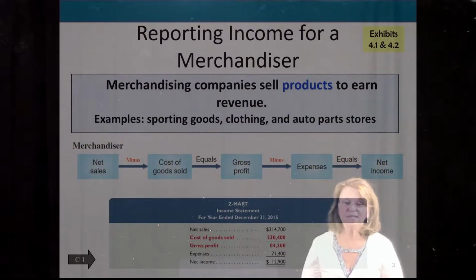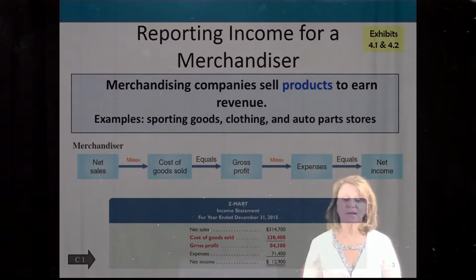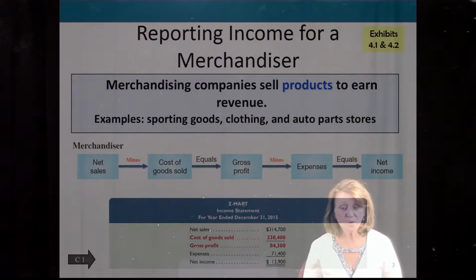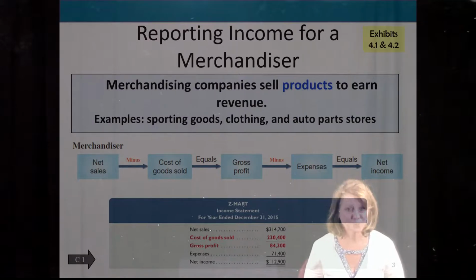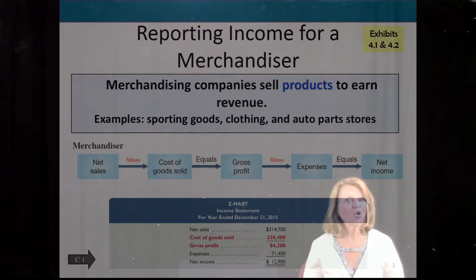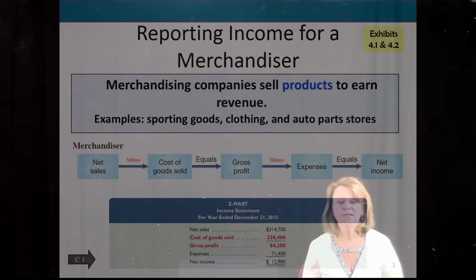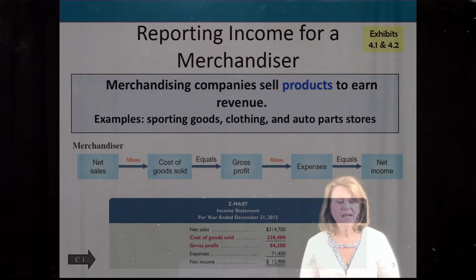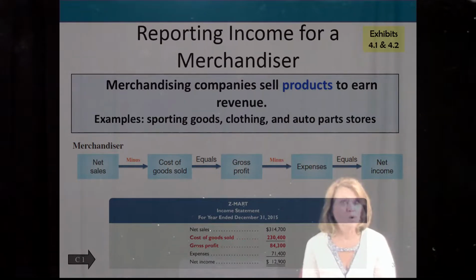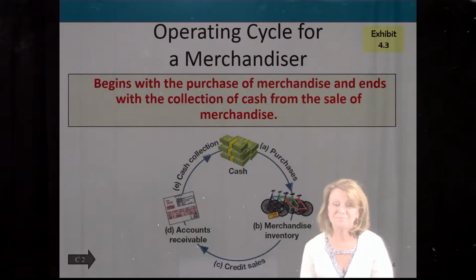Make sure you're always getting those financial statements titled correctly. You have your net sales, cost of goods sold, gross profit. Then you have your regular operating expenses, less those expenses, and the net income or net loss, depending on whether they spent too much money or not.